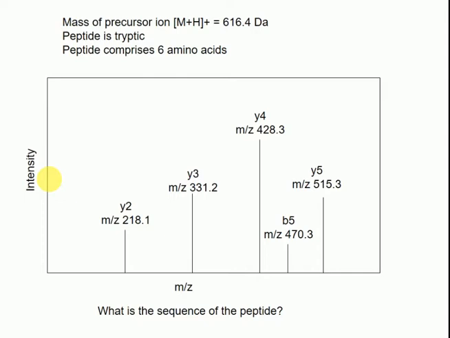And the intact peptide is the sum of the amino acids plus the N-terminus plus the C-terminus plus the charge.